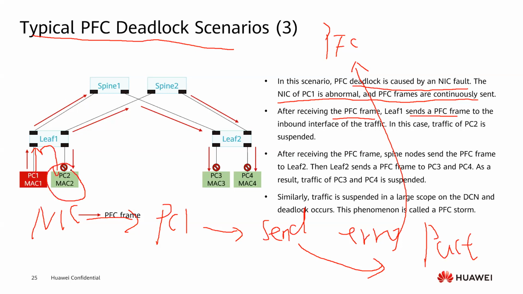So PC2 will not send any packet. And when the PFC packet is sent to spine2, spine2 sends the packet to leaf2, and leaf2 then forwards the PFC frame to PC3 and PC4. You can see here, PC3 and PC4 will also stop sending any packet. In this way, PFC deadlock is generated.